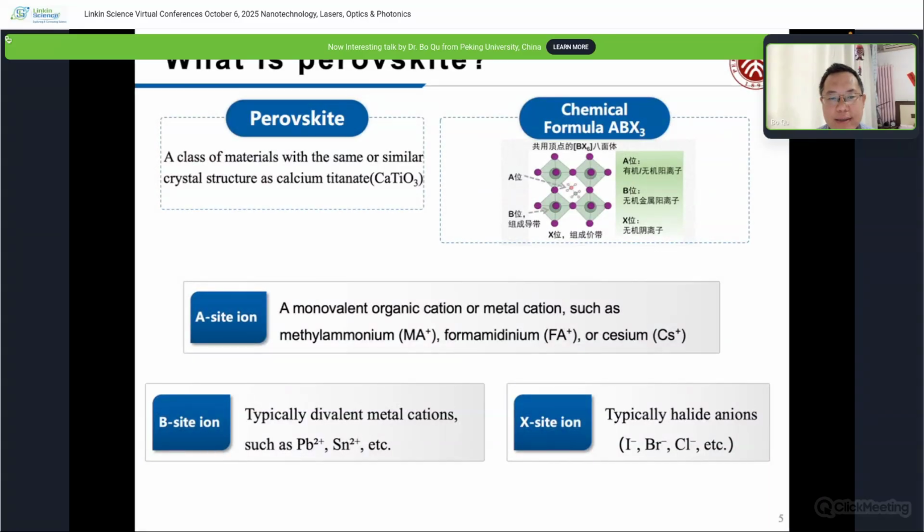The B site ion is typically a divalent metal cation, such as lead, tin, etc. And the X site ion is typically a halide anion.